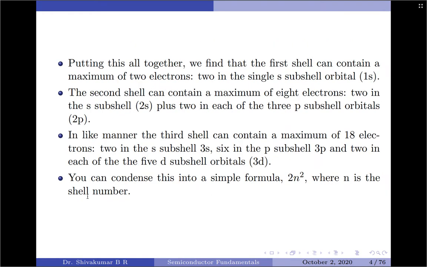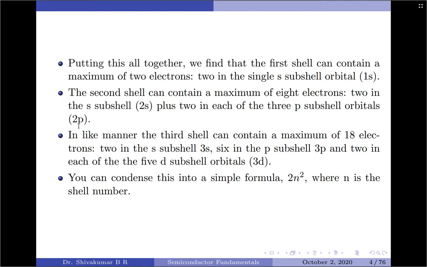Putting this all together, we find that the first shell can contain a maximum of 2 electrons, 2 in the single S subshell orbital, and is denoted as 1s. The second shell can contain a maximum of 8 electrons, 2 in the S subshell denoted by 2s, plus 2 in each of the 3 p subshell orbitals denoted as 2p.